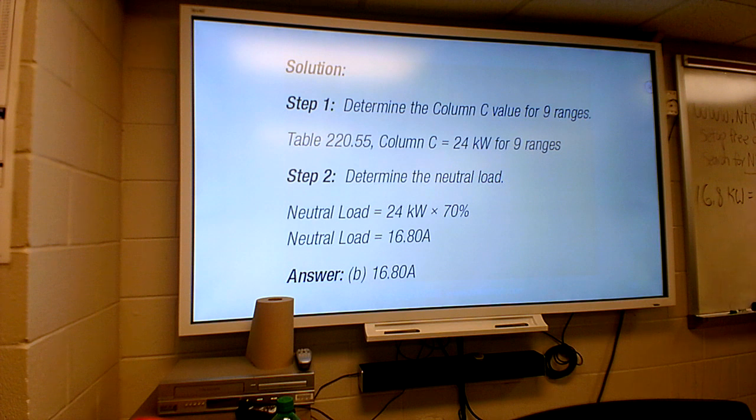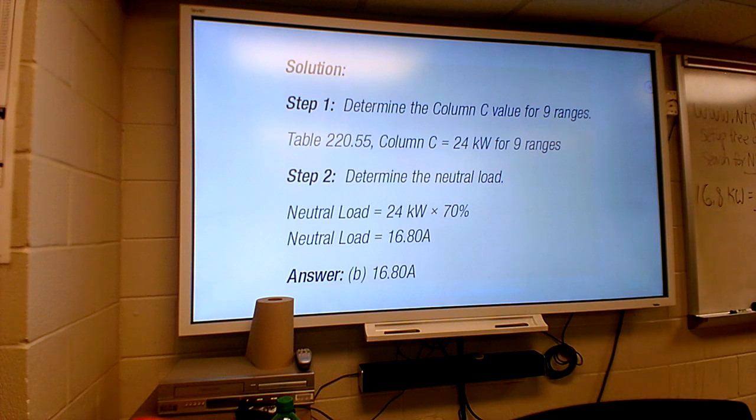It would be 16,800 watts. 16.8 kilowatts is 16,800 watts. Y'all okay with that? Divided by 240 volts. How many? 70. So it's 70 amps.